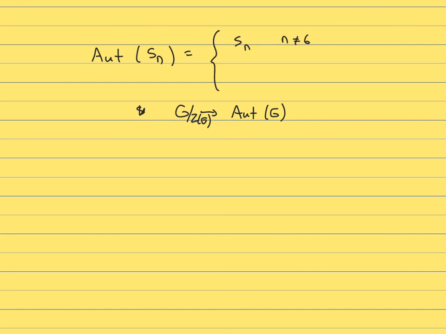But a weird thing happens when n equals 6. It's actually not the symmetric group. When n equals 6, S_n has index 2. There's a non-trivial outer automorphism.